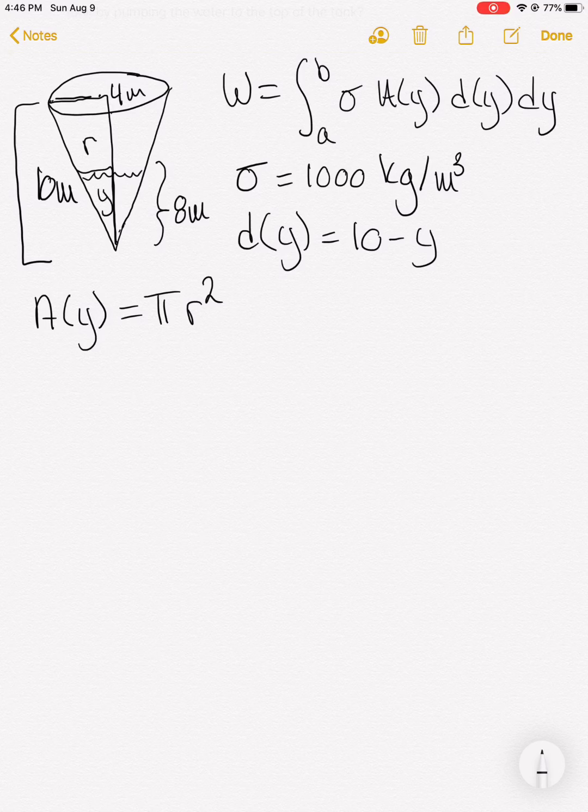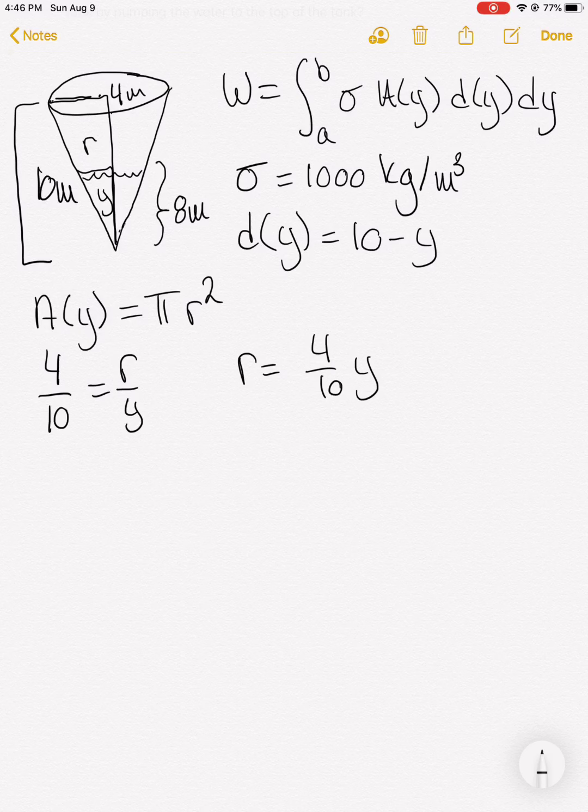And now taking the height and things, we will do 4 over 10, so the base radius over the entirety of the cone, equals r over y. And since we're trying to discover r, we're going to solve for r. So r equals 4 over 10 y.